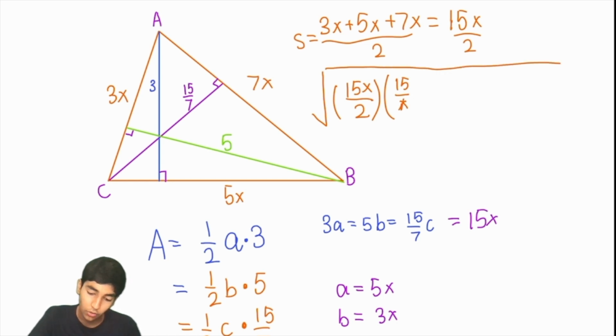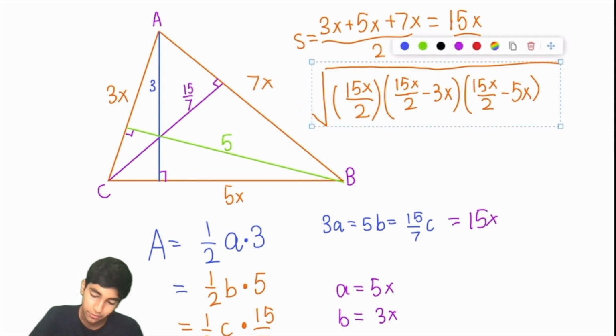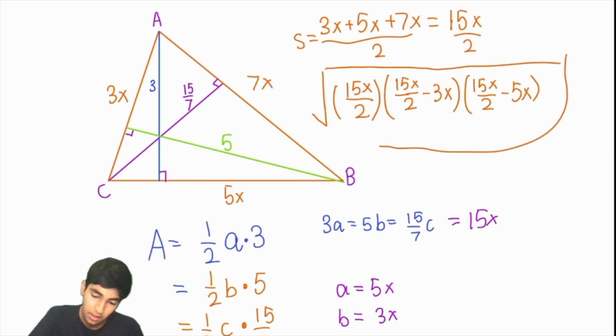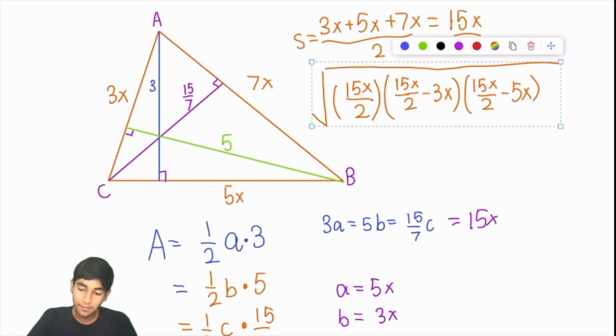So 15x over 2, times 15x over 2 minus 3x, times 15x over 2 minus 5x, and of course, the last term will be 15x over 2 minus 7x.